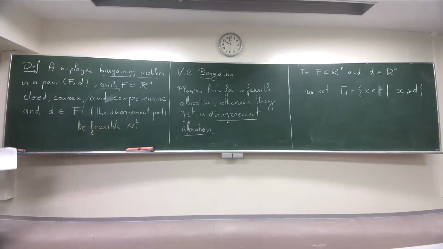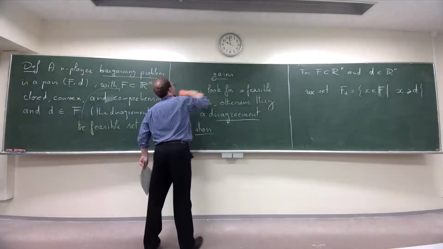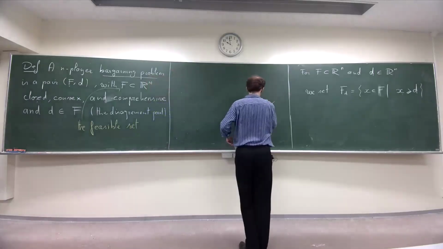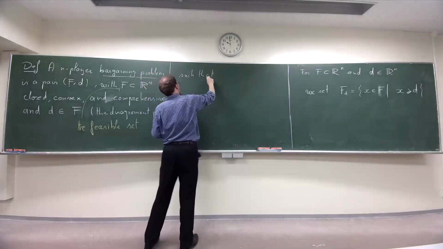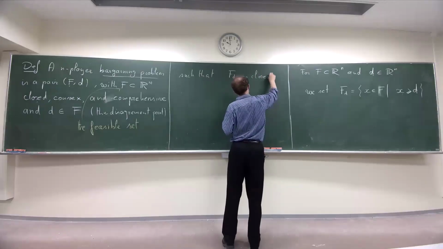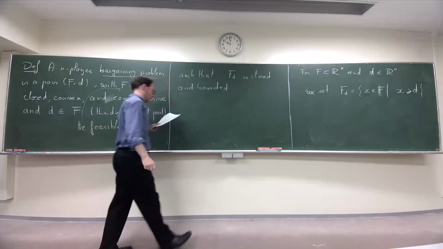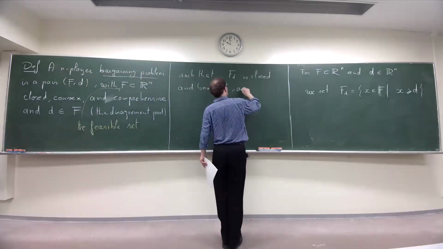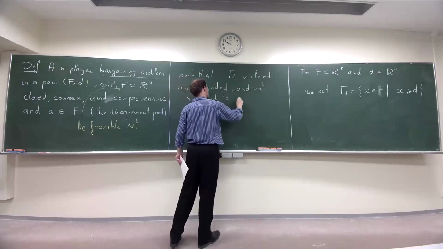And there is one more condition. So it means the bargaining problem is just a subset of Rn, which is closed, convex, and comprehensive, and a point D, which is inside F. And there is one more condition between these two things, such that F_D, which I have introduced here, is closed, which is not a big requirement, unbounded, and not reduced to D only.